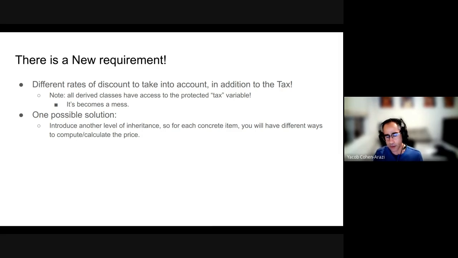So let's think about options for adding different tax, maybe adding discounts, adding all kinds of different levels of price manipulations. There's a price, but we might need to compute other stuff in order to get the final price.